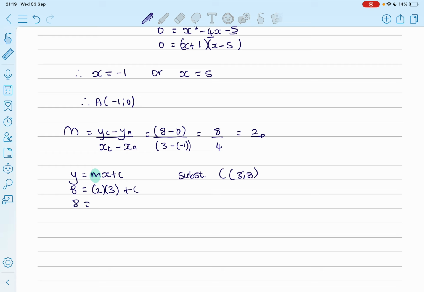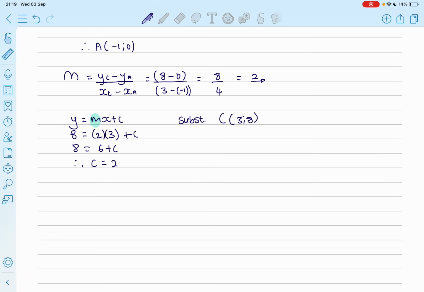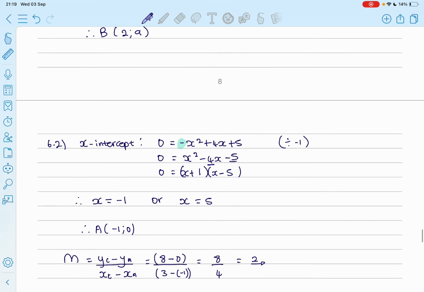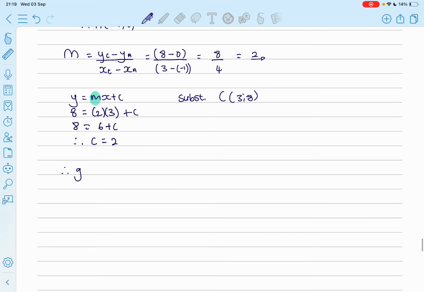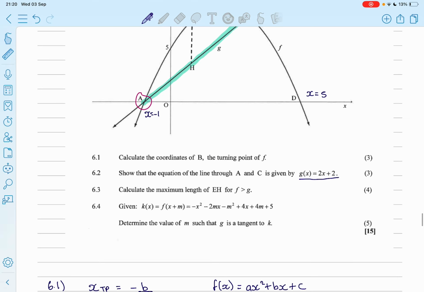So 8 will be equal to 6 plus c, meaning that c will be equal to +2. So that means the equation of this straight line g of x will be given by 2x plus 2, because 2 is our gradient and also our c value. And that's it for 6.2. And we have proved that that is the equation of g of x.